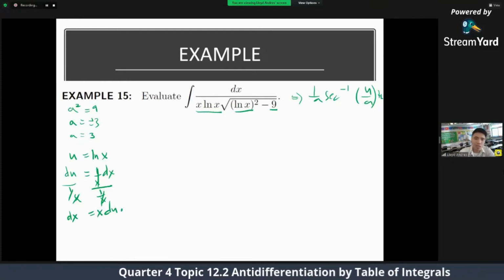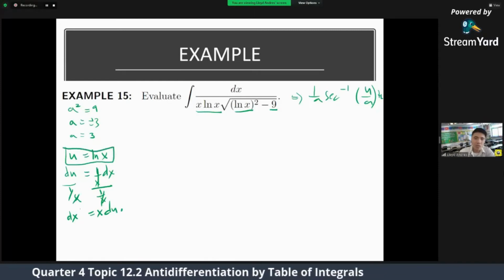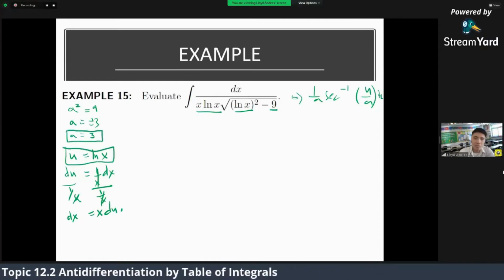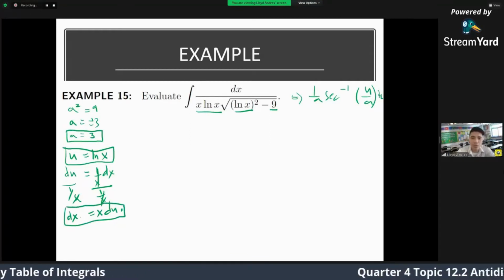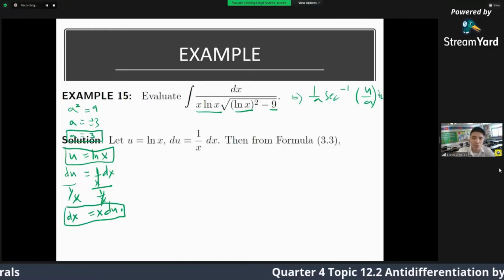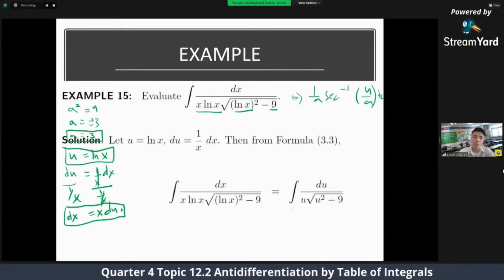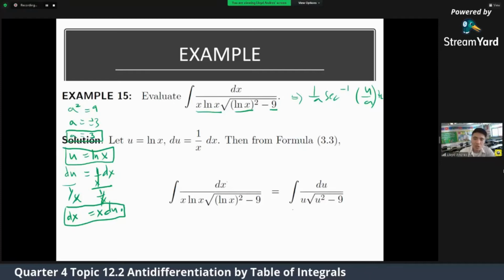So, nanatay u, nanatay a, nanatay dx. So, pwede na to applyan og substitution. By substitution, kana is equivalent ani.